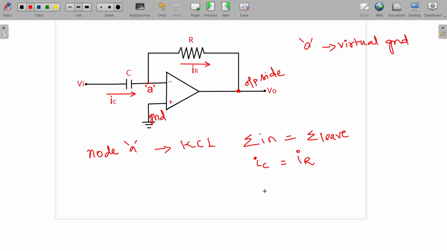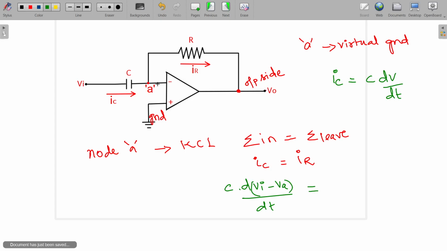How do we write the current for this capacitor? Current through a capacitor can be written as IC is equal to the capacitor value C into dV by dt. So we can write here C into d of (Vi minus Va) divided by dt, that is equal to IR.